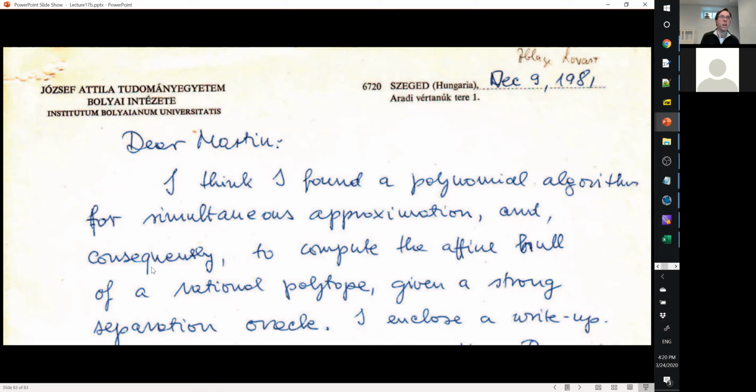Consequently, to compute the affine hull of a rational polytope, given a strong separation oracle," I enclose a write-up. So actually, this is the origin of the so-called LLL algorithm, this number theory algorithm about geometric lattices. Lovász developed it; he's one of the L's in LLL. It was all developed to get over this last weird annoying hump in a linear programming problem.